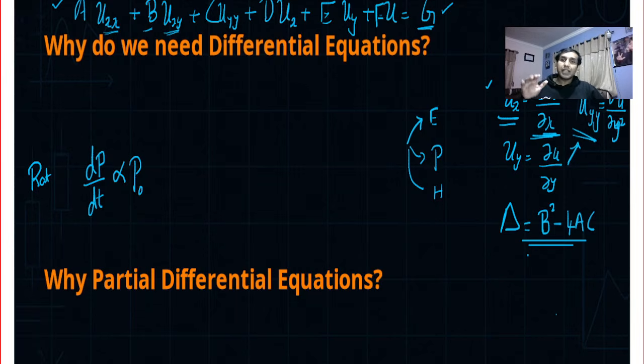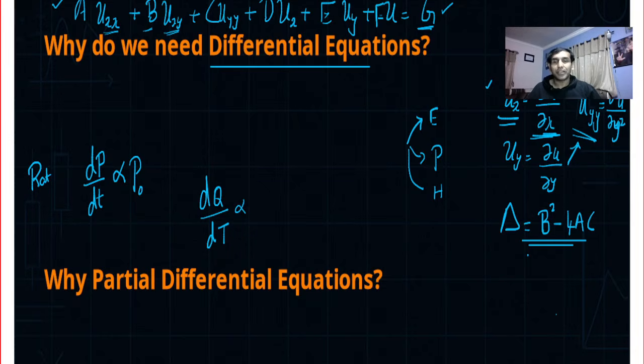Or maybe if the quality of a food item becomes better or horrible with respect to temperature, then I can write dQ/dT is proportional to something. And this is how we ended up with basic differential equations.